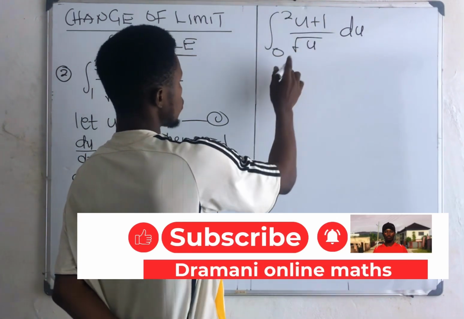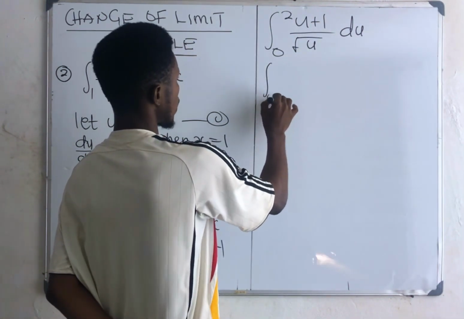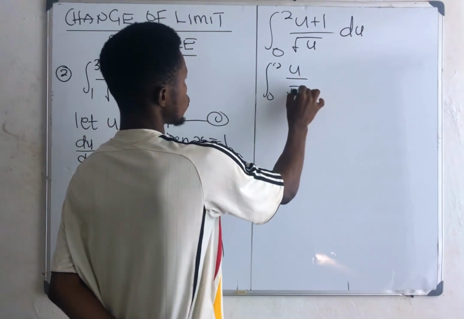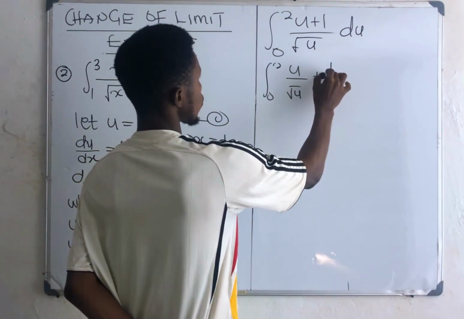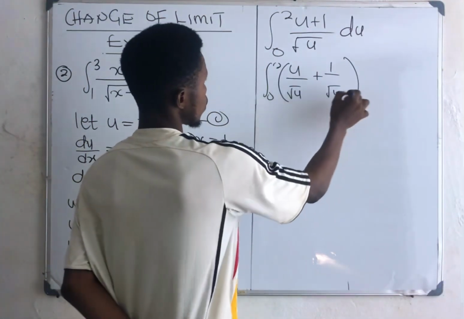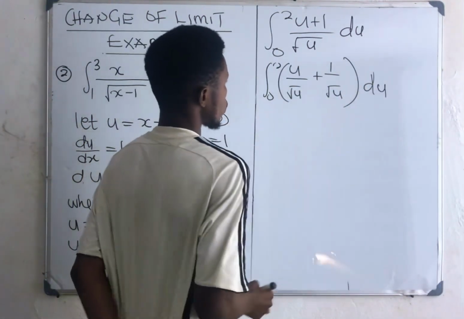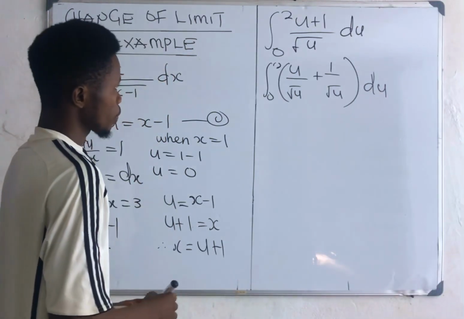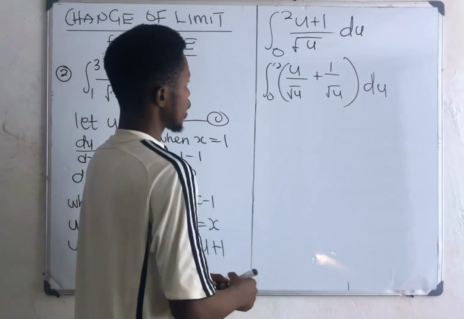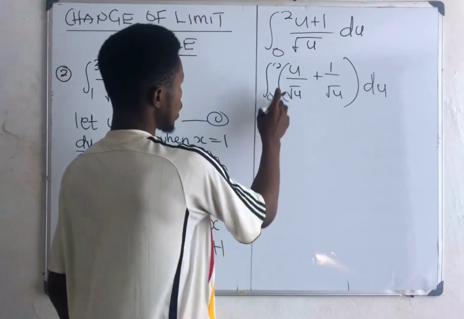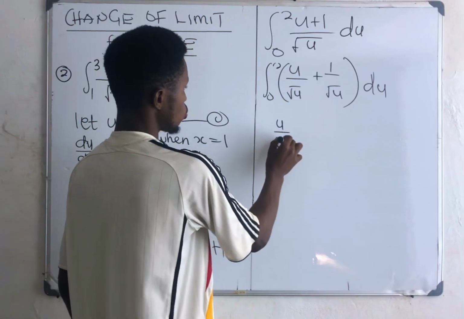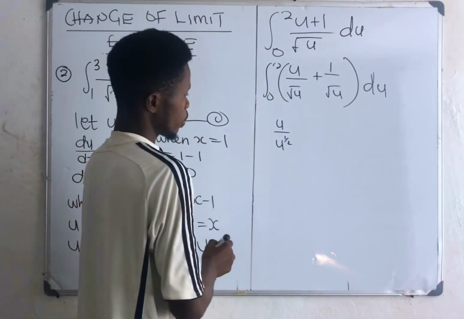You can split the numerator so that we have something like u over square root of u plus 1 over square root of u, du. Is that okay? So you're going to integrate this one separately, and this separately. Remember that if I integrate this one, it is like u over u to the power half.